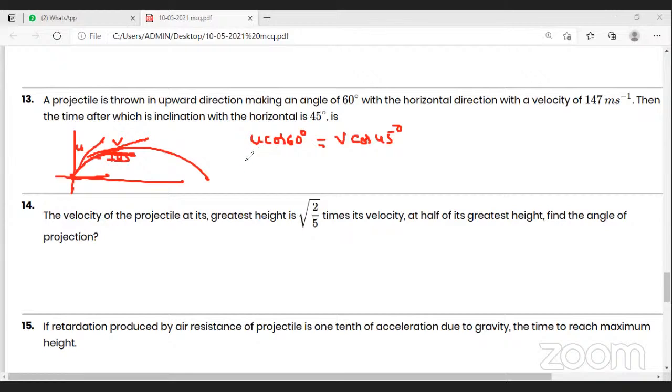What is given for u? 147. What is cos 60? Half only. V we don't know, that you have to calculate. And cos 45 will be how much? 1 by root 2. Then root 2 and root 2 will cancel here. So finally V is equal to 147 by root 2.